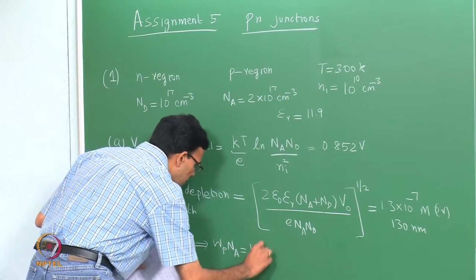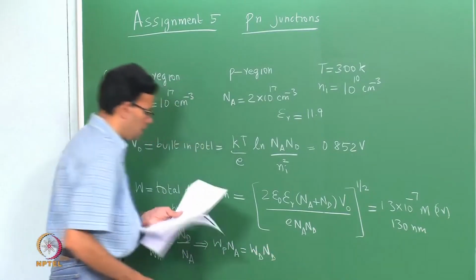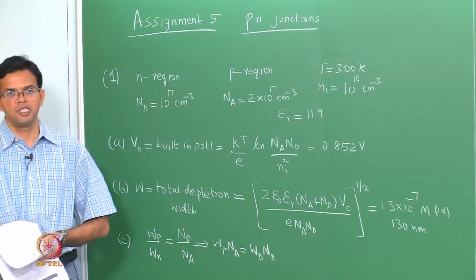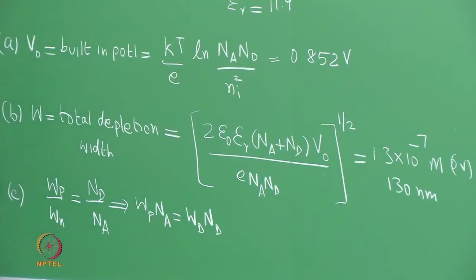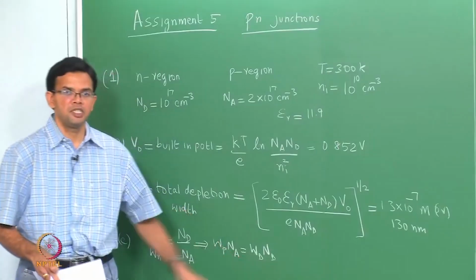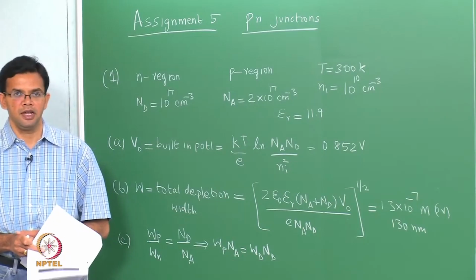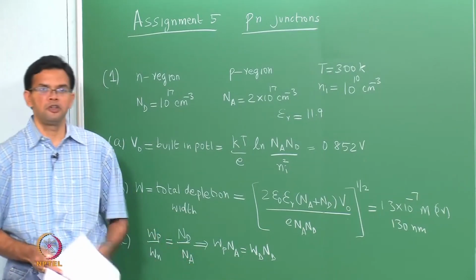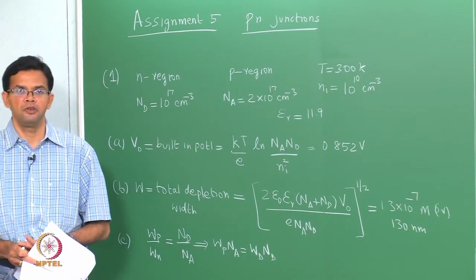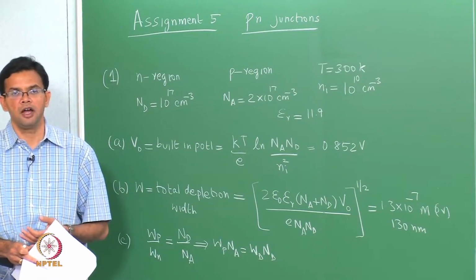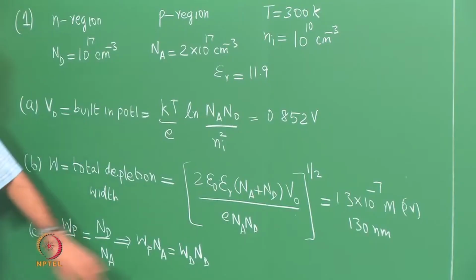Another way of writing this, of course, is that Wp Na is Wn Nd, and this comes from the charge neutrality. The total positive charge due to your positively charged donors on the n side must be equal to the total negative charge due to the negatively charged acceptor ions on the p side, and those two essentially balance.